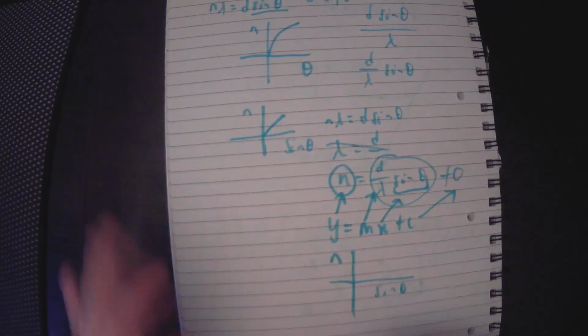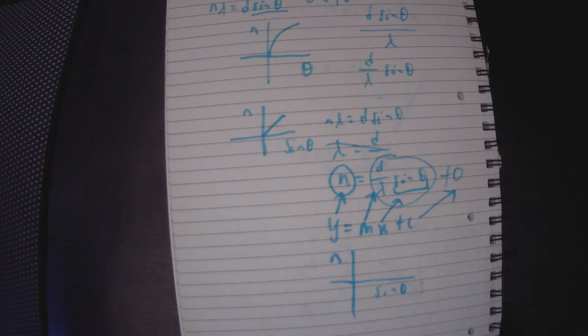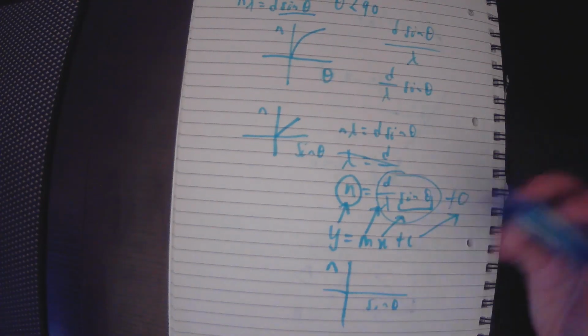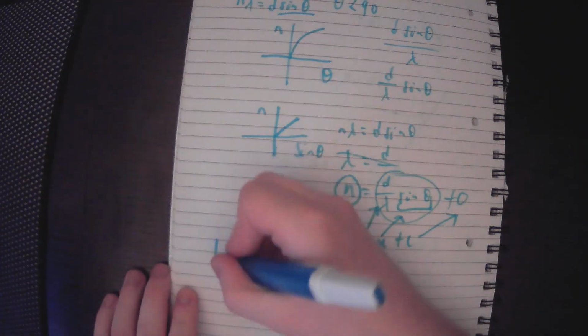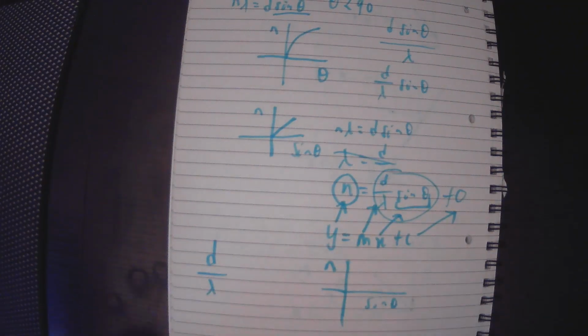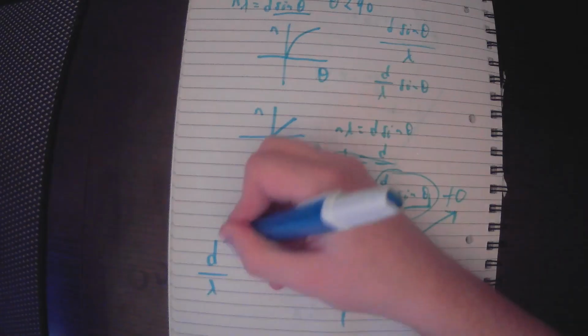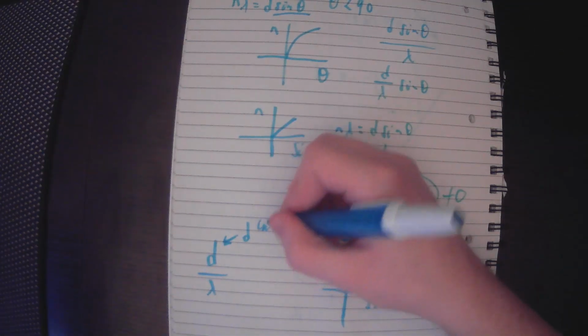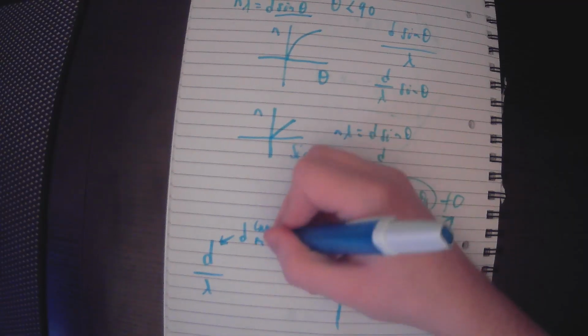We want that constant gradient because you notice that our value for gradient m here is d over lambda, meaning in a practical, the slit separation d can be measured.